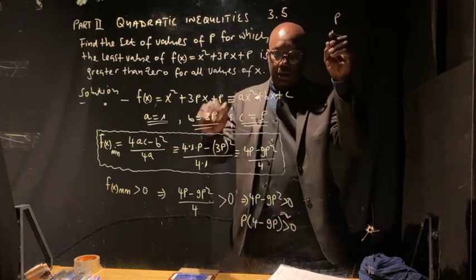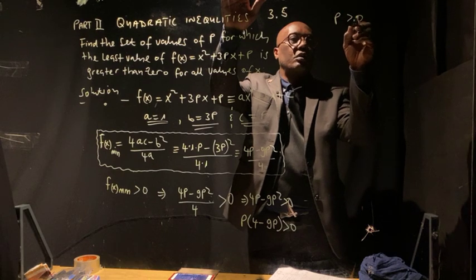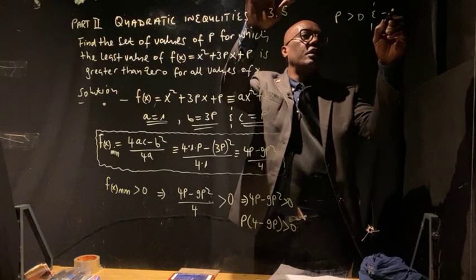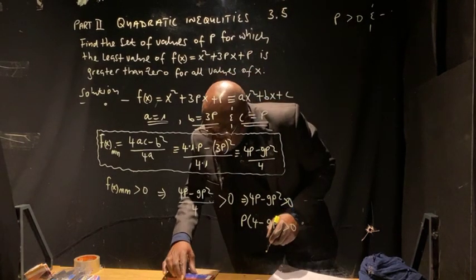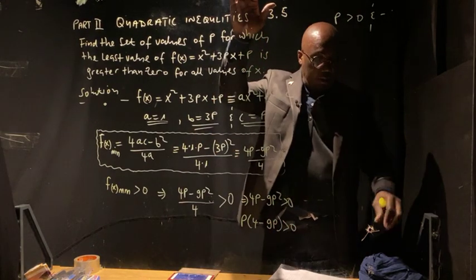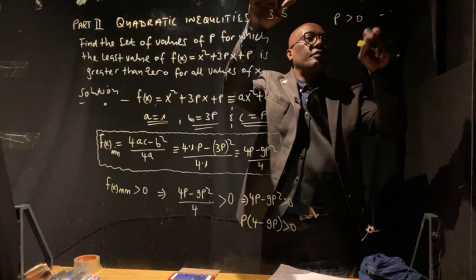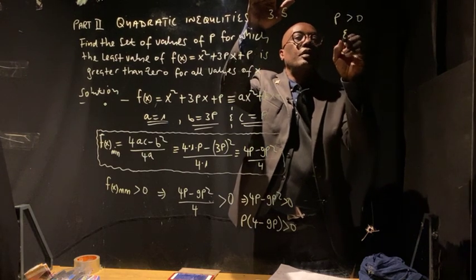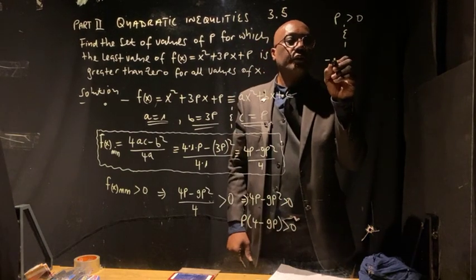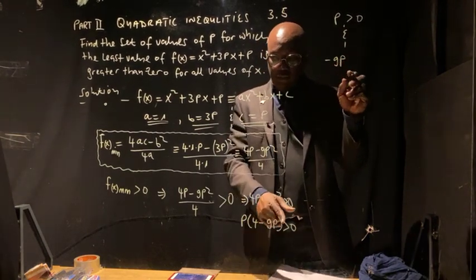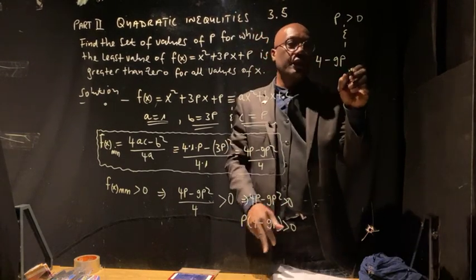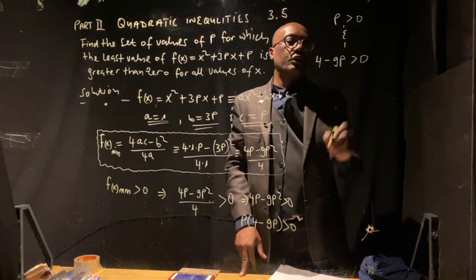Good. Then from here we can say that p is greater than 0 and 4 minus 9p is also greater than 0.